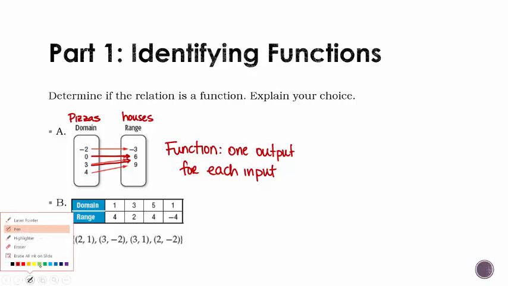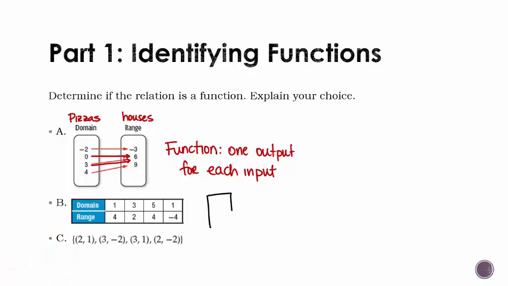And the next one, if we put this in a map so that we can compare them, my domain was 1, 3, and 5. My range is 4 to -4, 2, and 4. And when we map this, 1 goes to 4, 3 goes to 2, 5 goes to 4, and then 1 goes to -4.